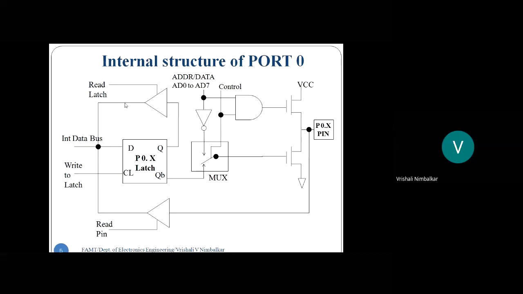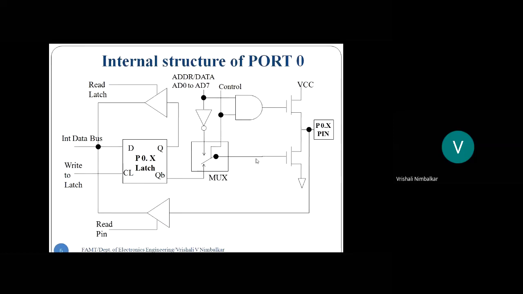Such circuitry is there for each and every pin of port 0, so such 8 circuits are present inside. P0.x indicates that's the structure for P0.0, P0.1, P0.2 and so on, up to P0.7.